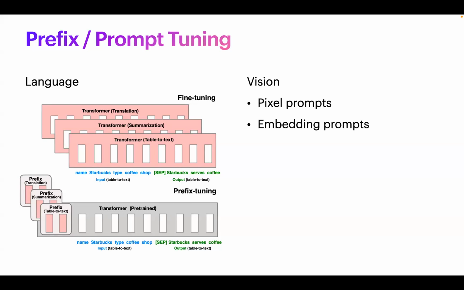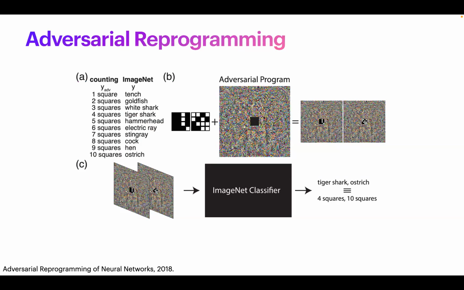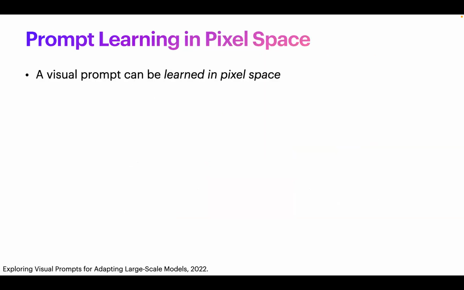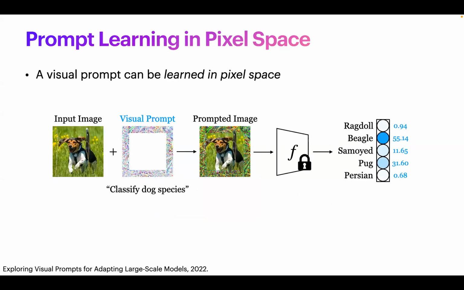Related to adversarial reprogramming, which was first proposed as an adversarial attack where you learn an input perturbation, and by adding that input perturbation to every image, the pixels reprogram the target model to perform a task that was not desired by the actual user. We take a different approach and actually use those pixels to increase performance of a task or adapt the same model to a different task.